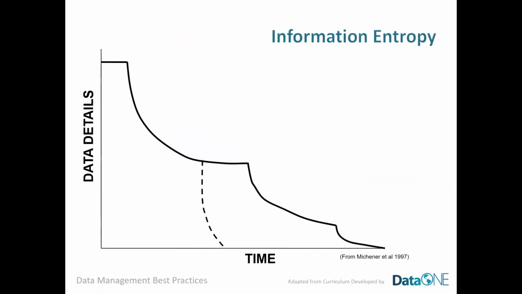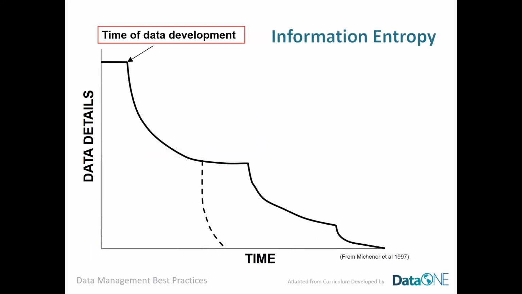Now, why do we need the metadata then for data sets? This graph illustrates a phenomenon called the information entropy, or the gradual decline of recall associated with the research. At the time of your data development of your research project, your memory is still fresh.